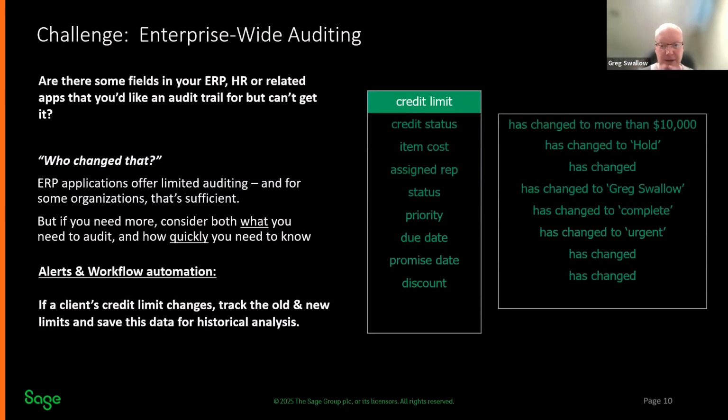And then enterprise-wide auditing. So if I took a snapshot of your customer base right now, is the credit limit associated with each customer correct? If I ran a report and showed me all the different customers that you had, what they've got outstanding, what credit limit you've extended to them, does it line up? Does it make sense? Do you have the right customers assigned to the right sales rep, to the right territory, right?